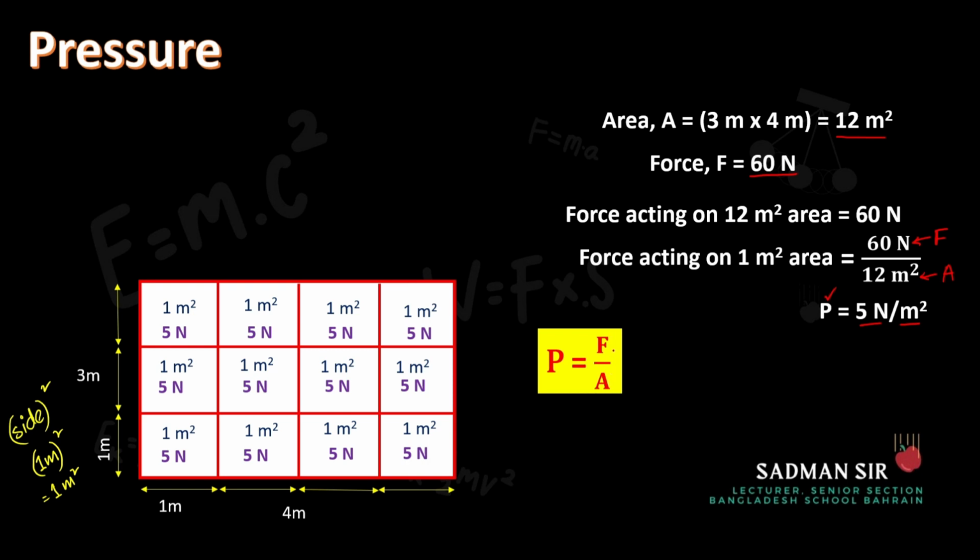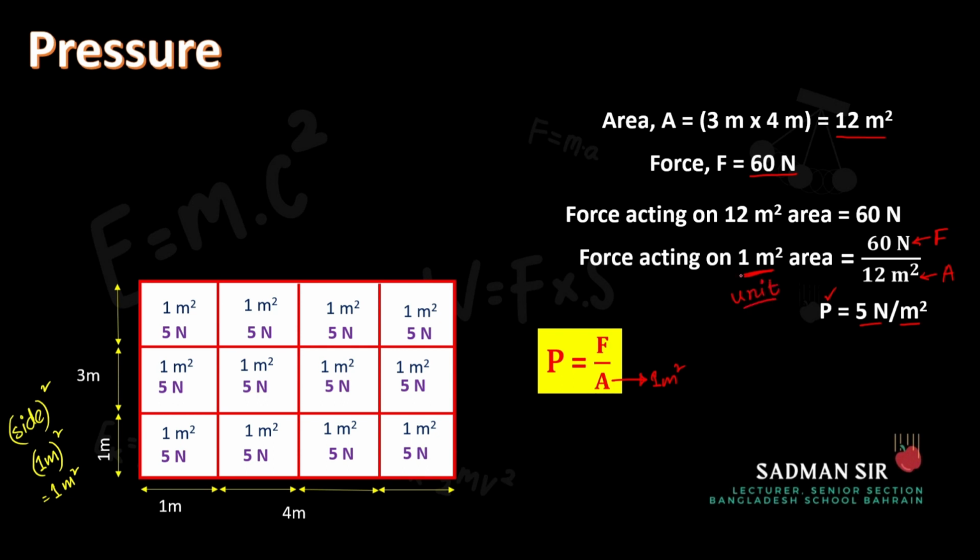Now from here, we will try to give the definition. I never want my students to memorize the definition. Rather, I want them to learn the equation, and from the equation, they should be able to write the definition themselves. Then only you can say that you have actually understood the concept. So if A is equal to 1 meter square, whenever we find the pressure, we are talking about 1 meter square unit area.